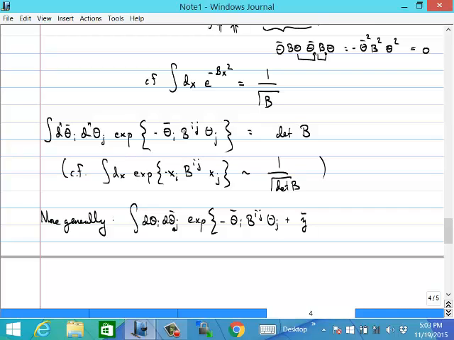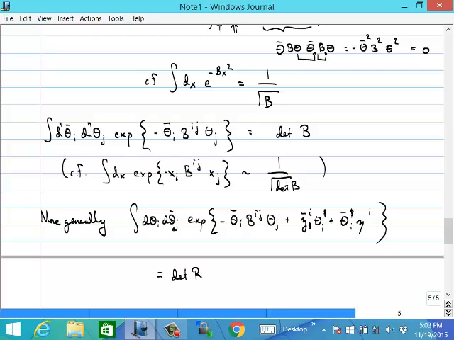So I'll call that eta bar I theta I plus theta I bar eta I. Here, I guess I had my indices down here, so I'll raise the indices here. So this would be the most general term linear in the thetas and theta bars that you could introduce. And this integral is the determinant of B.